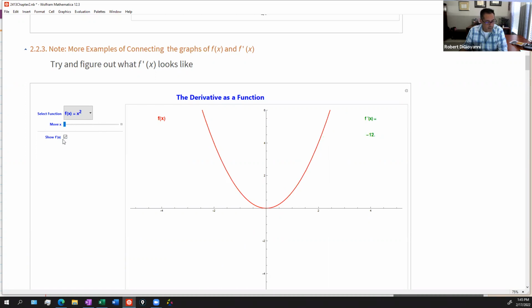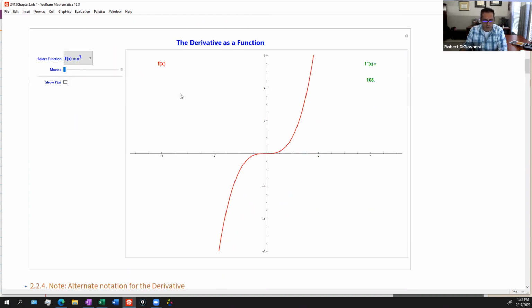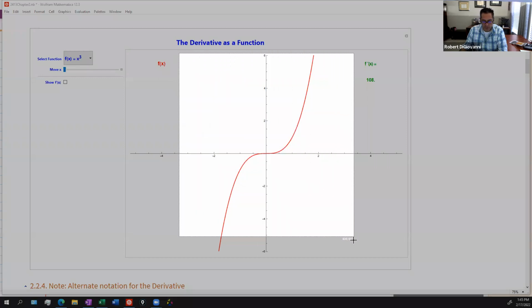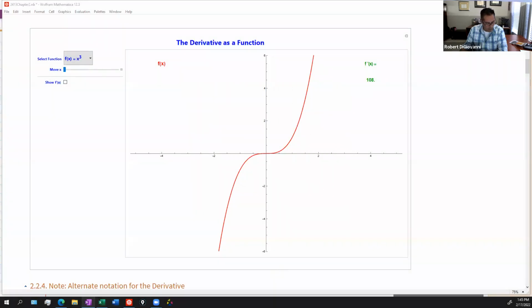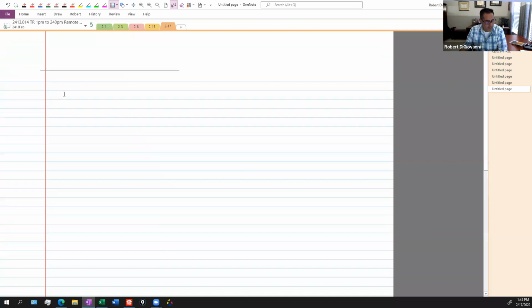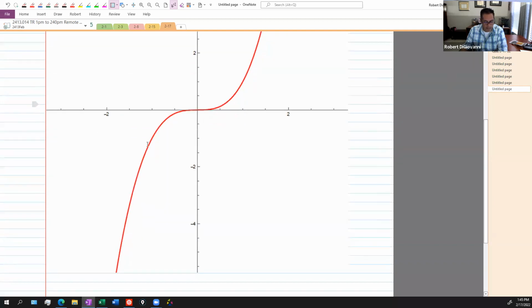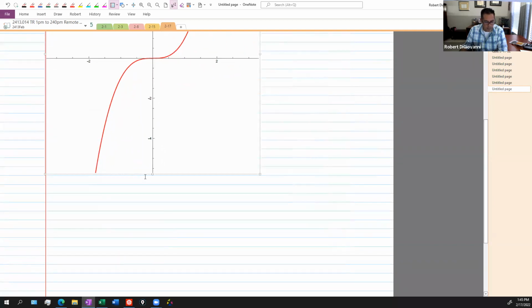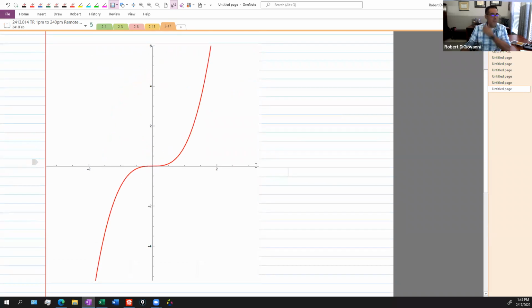Okay, I have another one for you. We won't take as much time on this one, but I'll let you think about it for one minute. What would the derivative of this look like?